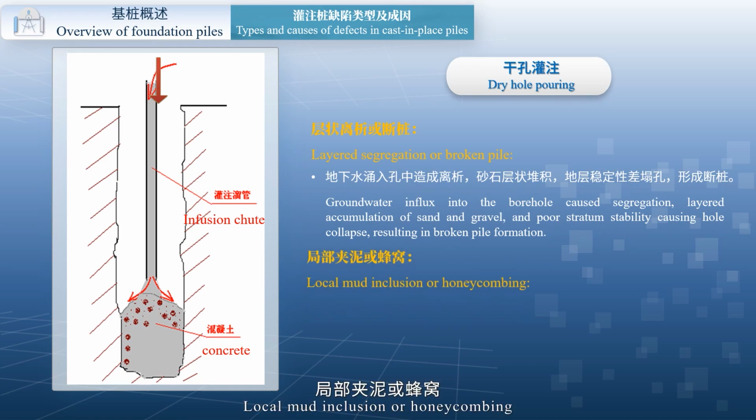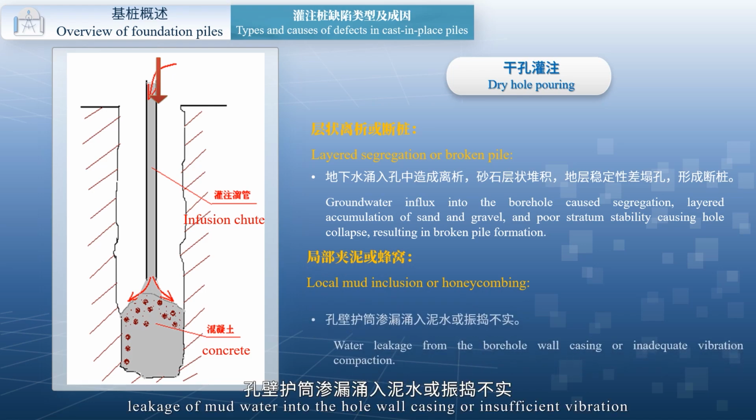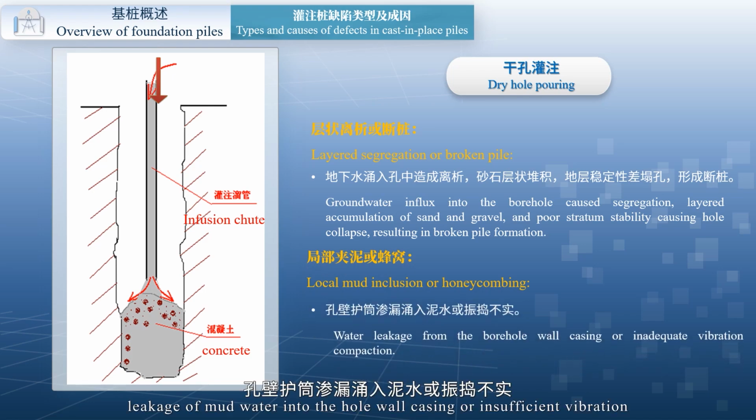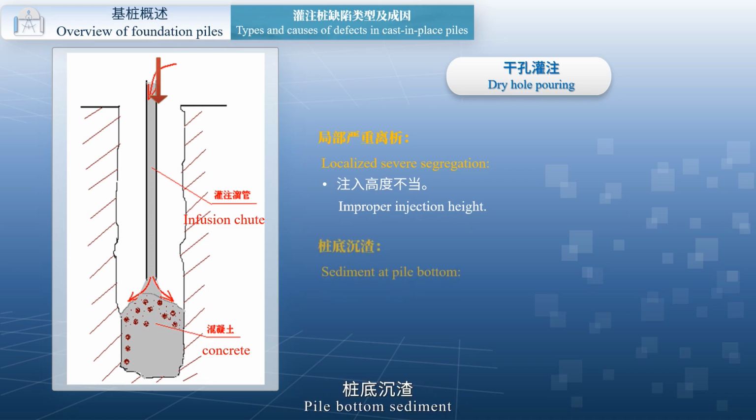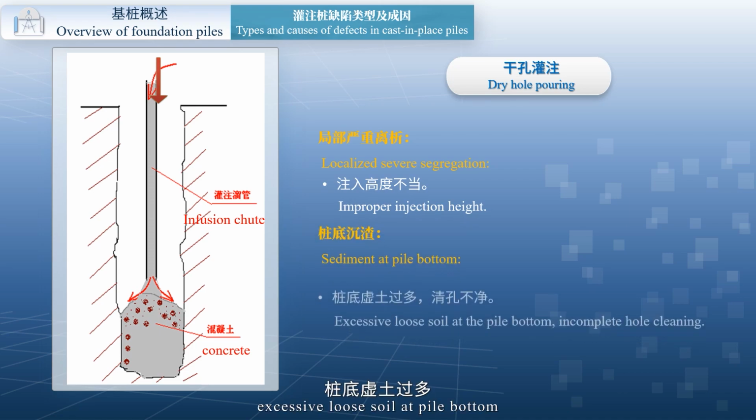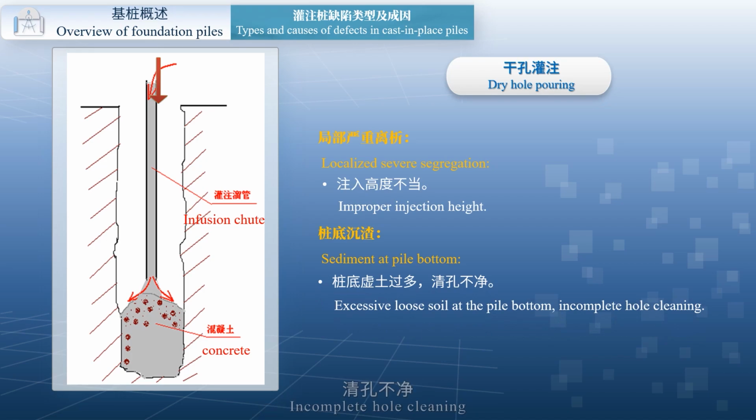Local mud inclusion or honeycombing: leakage of mud water into the hole wall casing or insufficient vibration. Severe local segregation: improper injection height. Pile bottom sediment: excessive loose soil at pile bottom, incomplete hole cleaning.